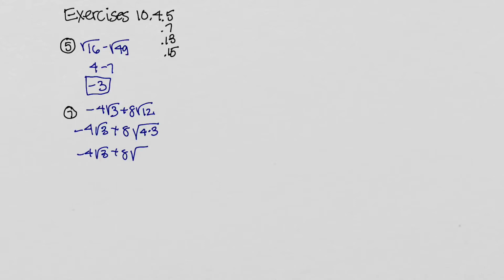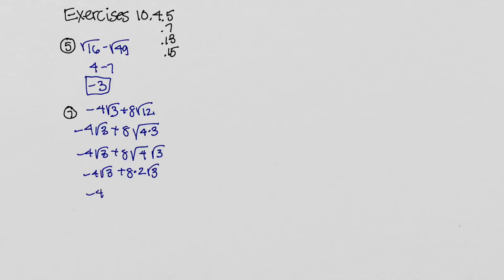Now, we've got the square root of a product. We can break this into two square roots: the square root of the first times the square root of the second. So square root of 4 times the square root of 3. This will give us negative 4 square roots of 3 plus 8 times 2 square roots of 3.